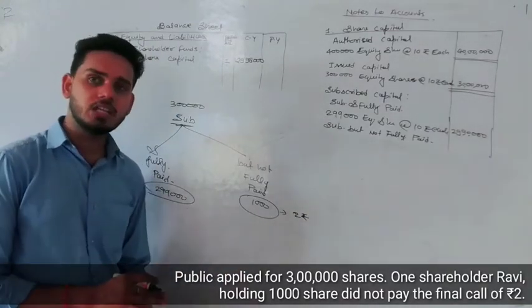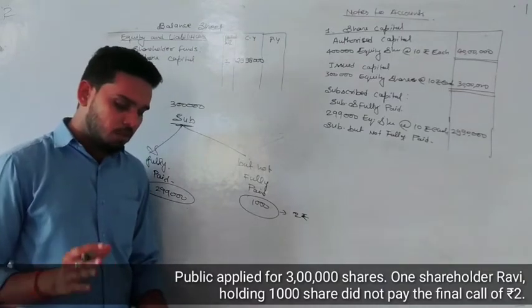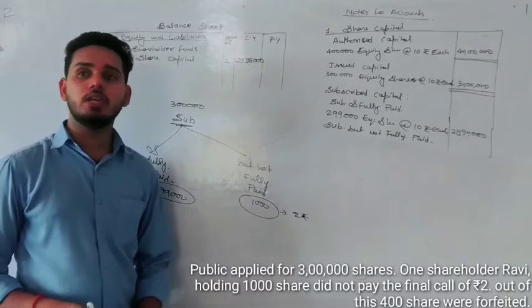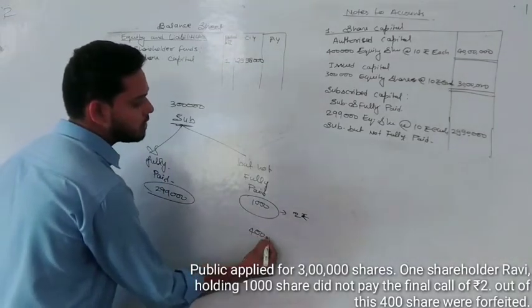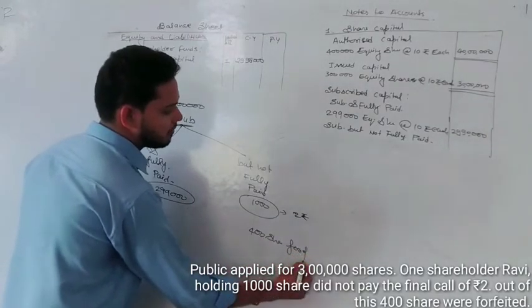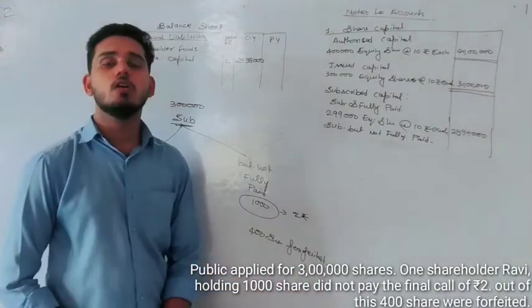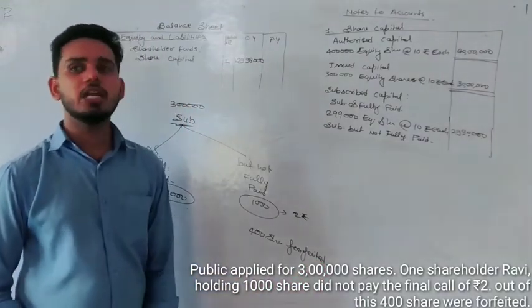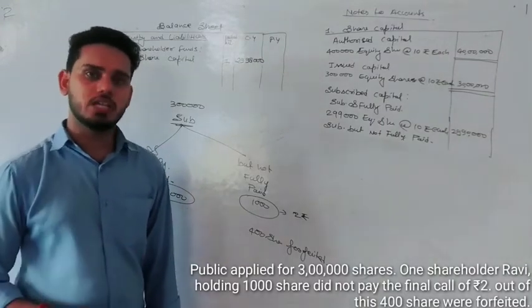Okay. Now the further information, the change here, is that 400 shares of Ravi were forfeited by the company. What does forfeiture mean? Forfeiture means the shares on which the company has cancelled the ownership.